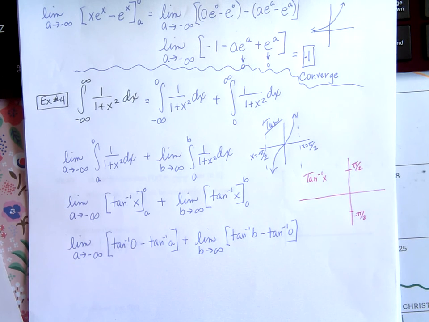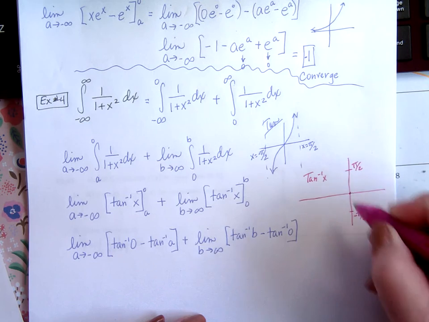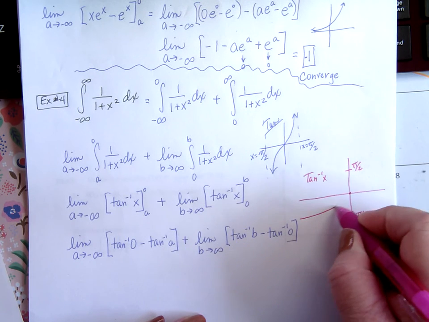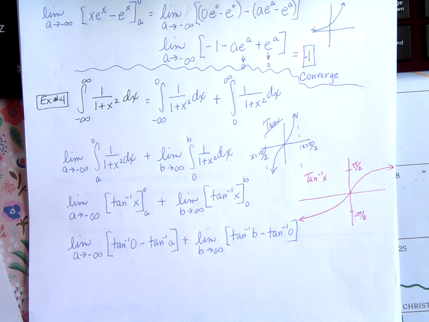And when I go to graph it, it still goes through the origin, but it's going to go like this, sideways. Does that make sense? It's an inverse. So you take the x's and y's and you switch them. If you remember how the normal graph goes, you can flip it over on its side.